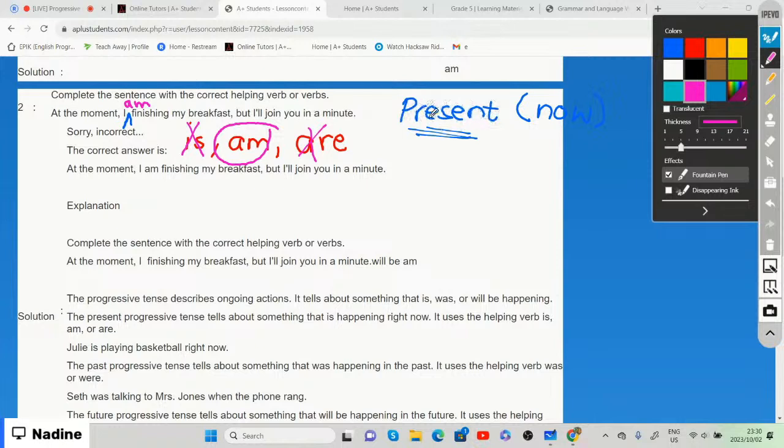It is the present progressive tense that tells us that something is happening right now, right? And we use am as our helping verb to show that something is happening right now. And that is the present progressive tense.